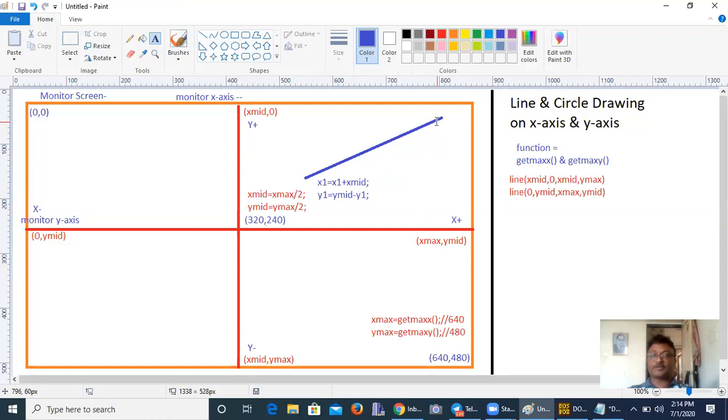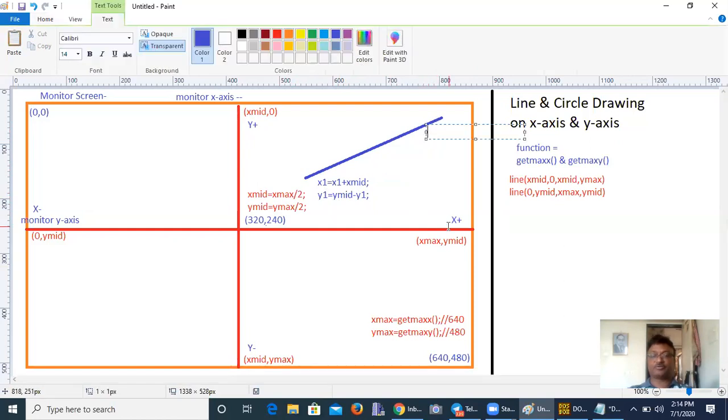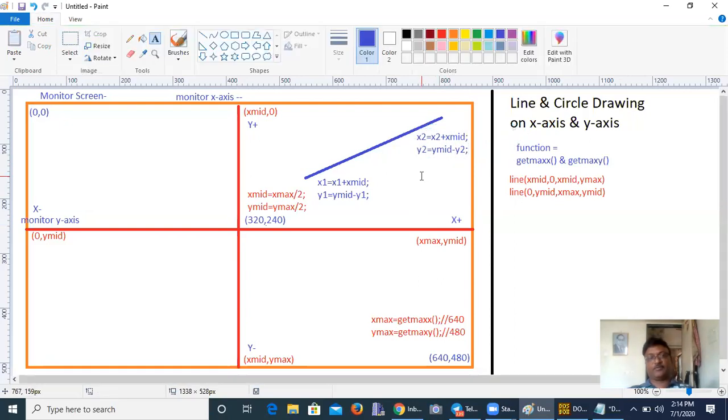Now come to the x2, y2. What will the x2, y2 value be? x2 is equal to x2 plus x mid, correct, and y2 is equal to y mid minus y2. So these are my new values of x1, y1, x2, y2 of the line.